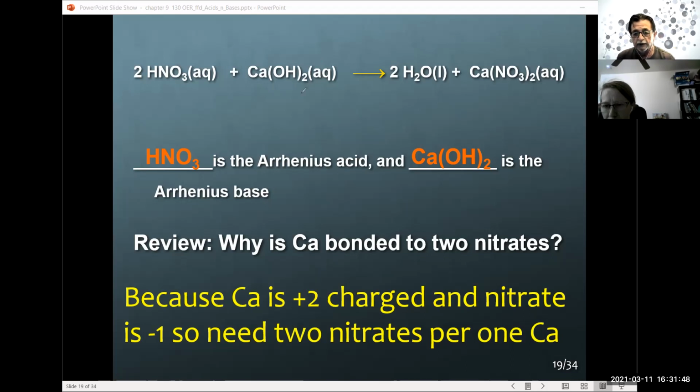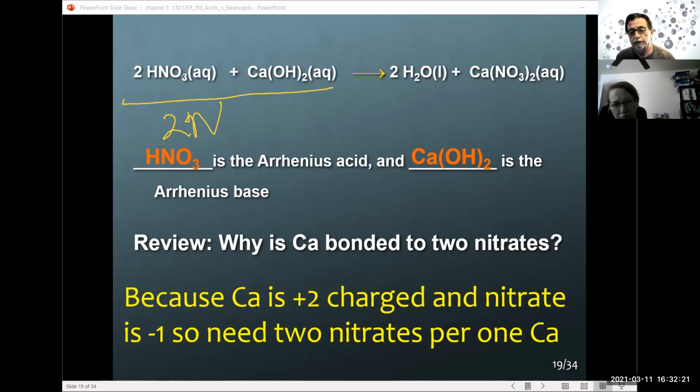That's over here on this side. Do we not have 2 nitrogens total? Three? No, not 3. Only 2.